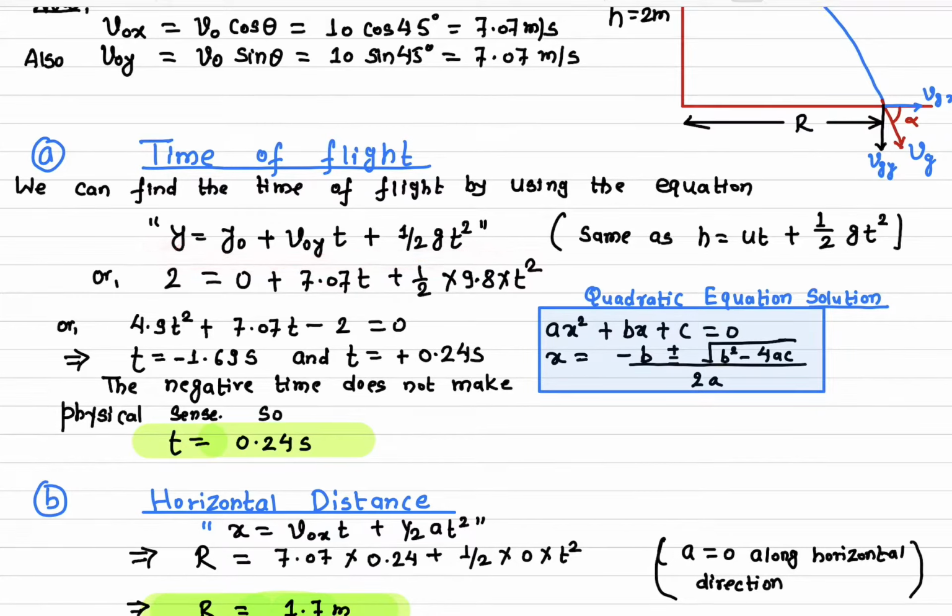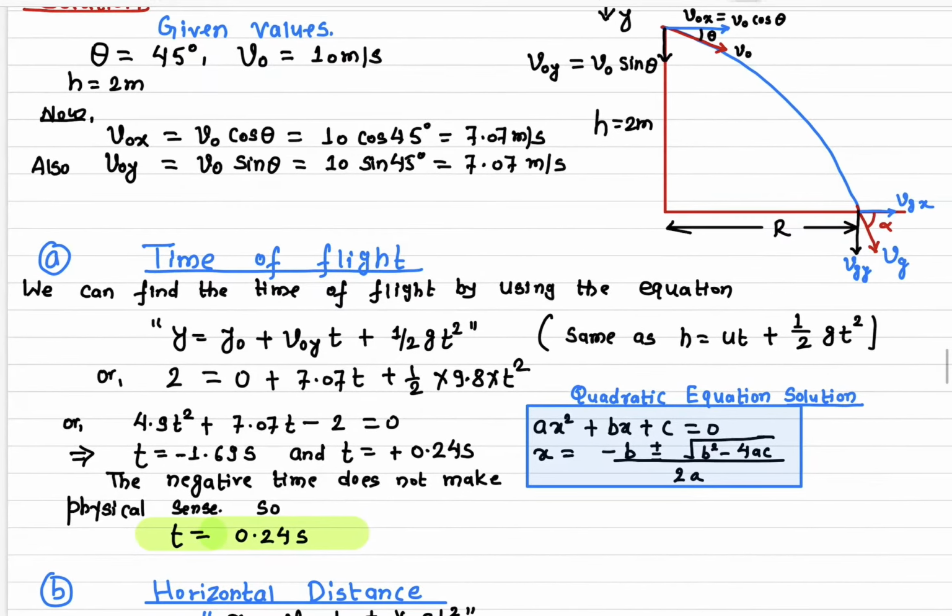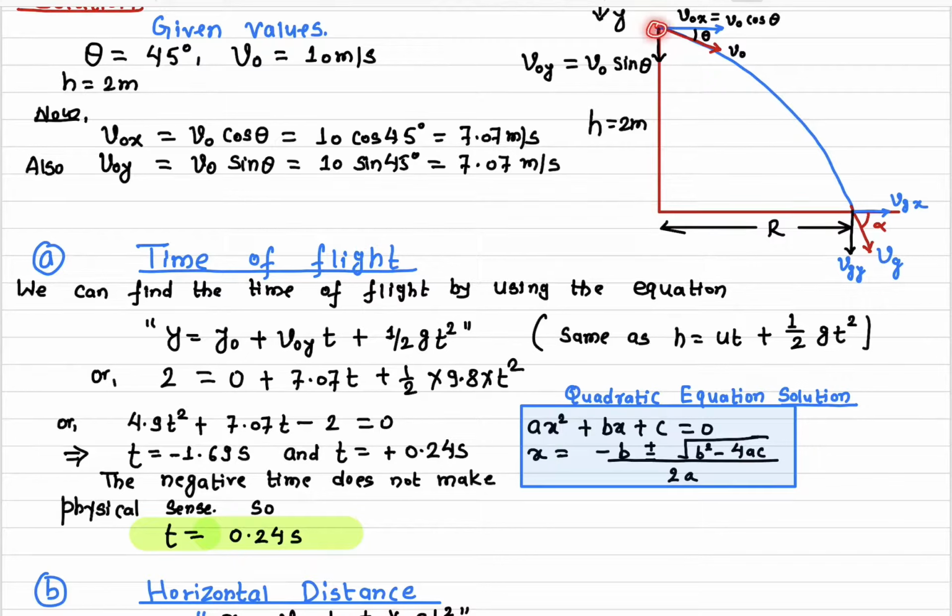I'm just using this kinematic equation. y in this case is the final height, y0 is the initial height, v0y is the initial velocity, t is the time, g is the acceleration due to gravity. When you launch from this height, the final height is this height, which is 2.